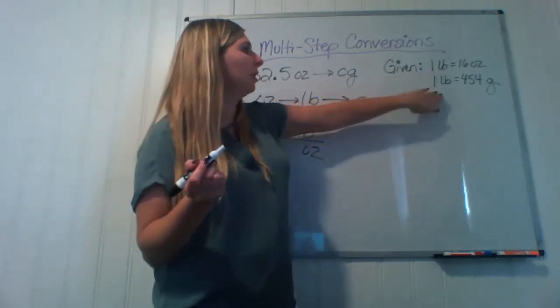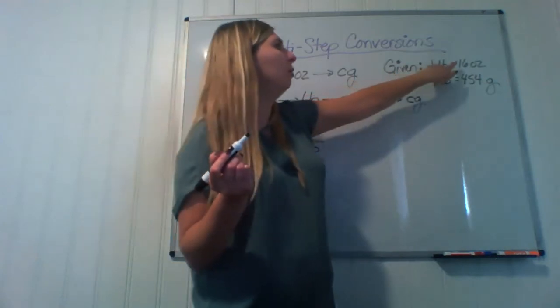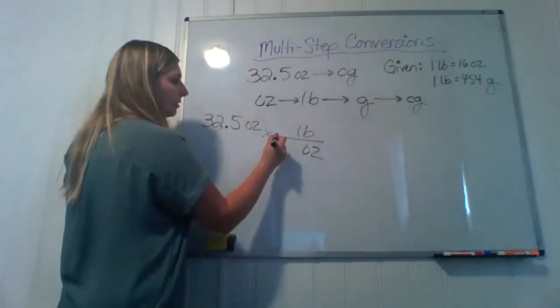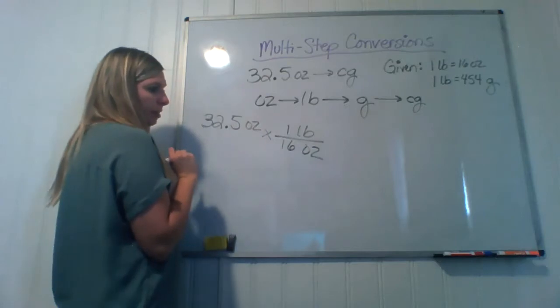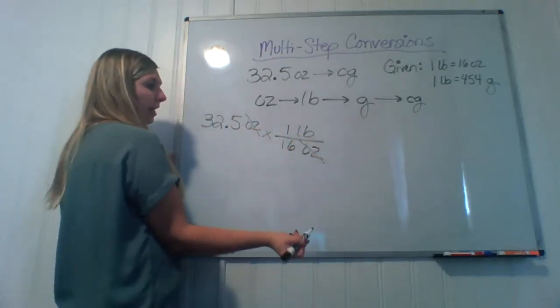So which one of these applies pounds and ounces? 1 pound is equal to 16 ounces. So we can write 16 ounces on the bottom, 1 pound on top. That allows us to cancel these units diagonally.